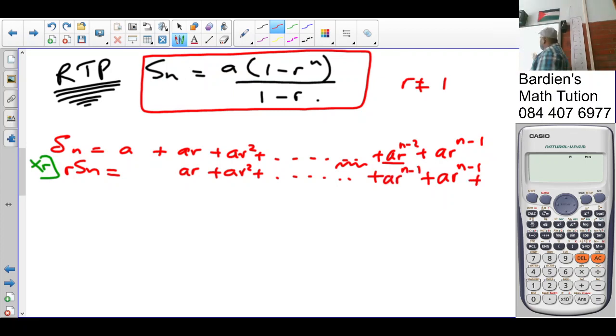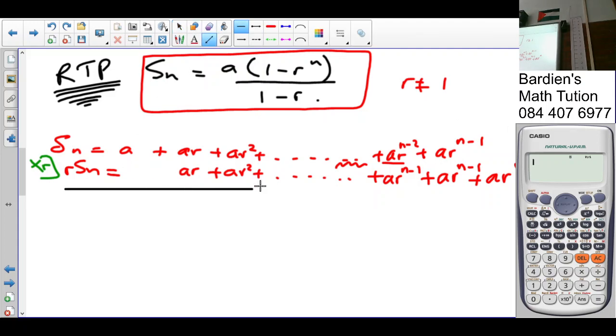If I multiply the last term by R, I'm going to get AR to the n. Does it make sense? So what do I do now? Again we rule a line. This is exactly the reason why they taught you how to rule lines in grade 1, to get to this point in your life.